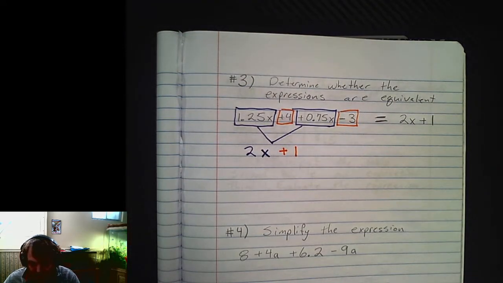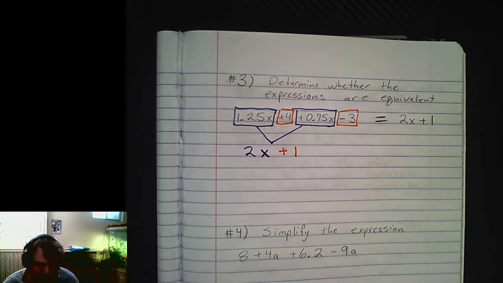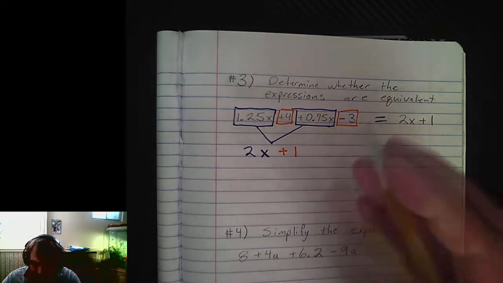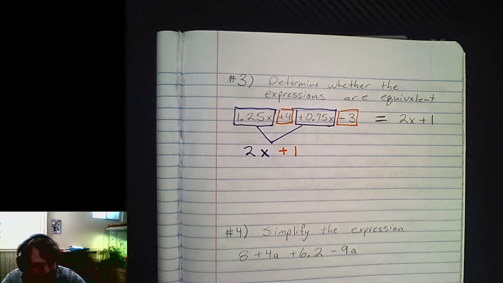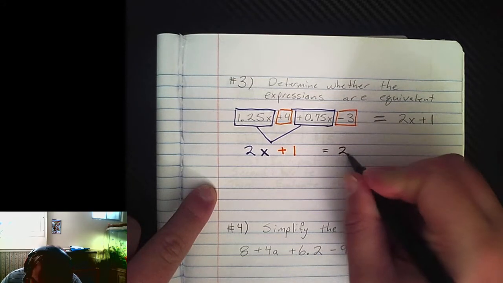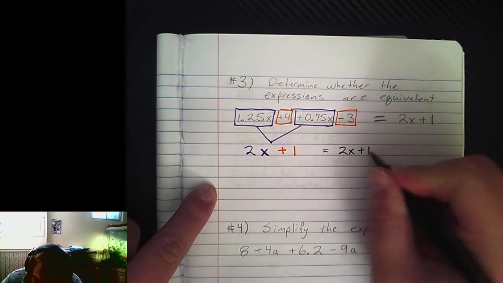So we find out that when we combine the like terms on the left side of the equal sign, we get 2x plus 1. And we discover that that is equal to what we were asked to know if they're equivalent.